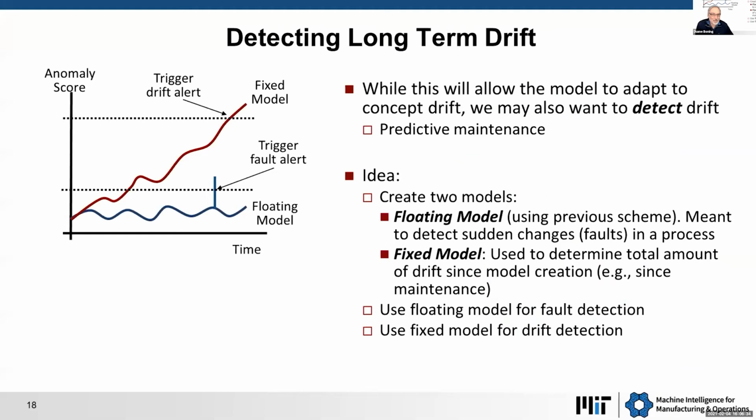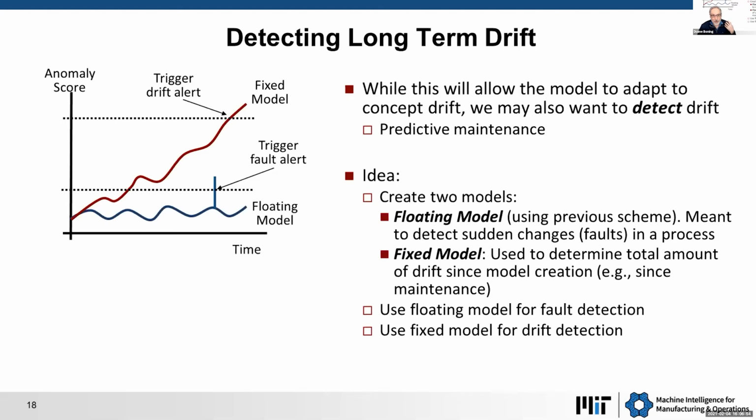This does come back to that question I mentioned of what kind of manufacturing control and what problem you are trying to solve. You might, in fact, be quite worried about long-term drift in your process. And so a simple approach here is to keep track of two models.